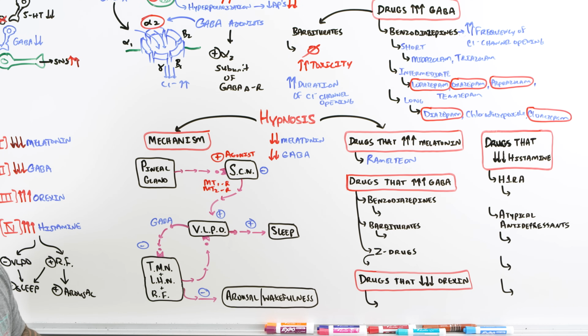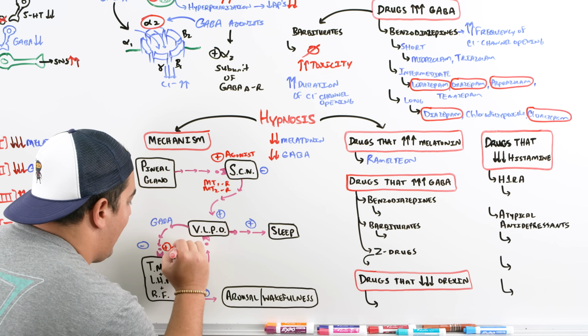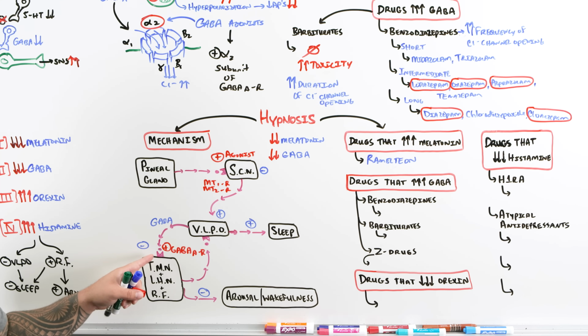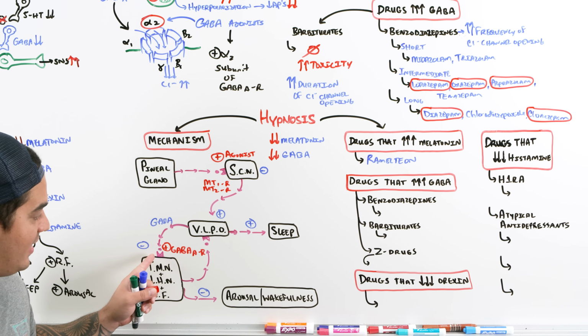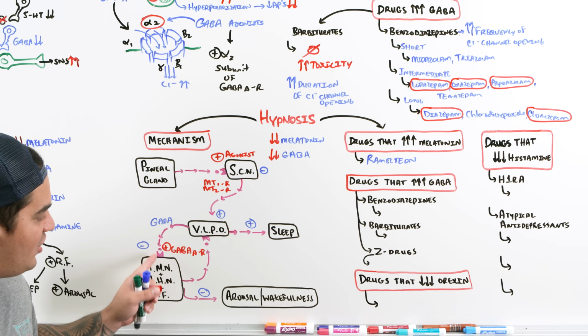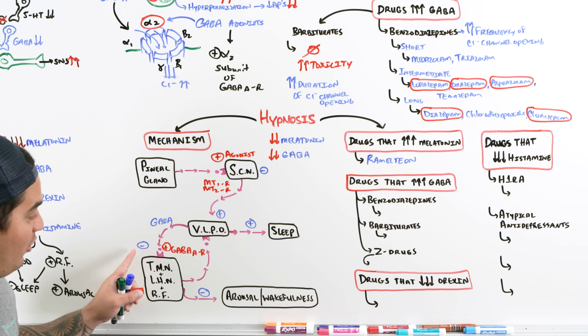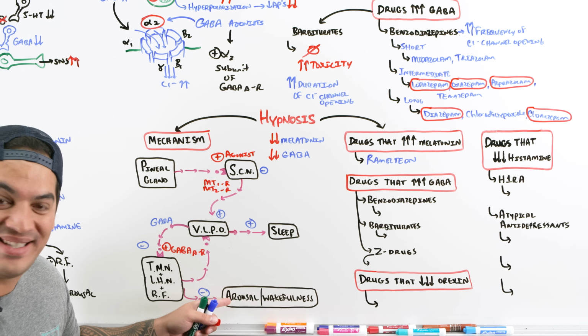So what if I stimulate the GABA-A receptor? I give a drug that acts as an agonist to GABA, and it stimulates this particular receptor. If it stimulates this receptor, it's going to inhibit the reticular formation. If you inhibit the reticular formation, you'll inhibit arousal and wakefulness.